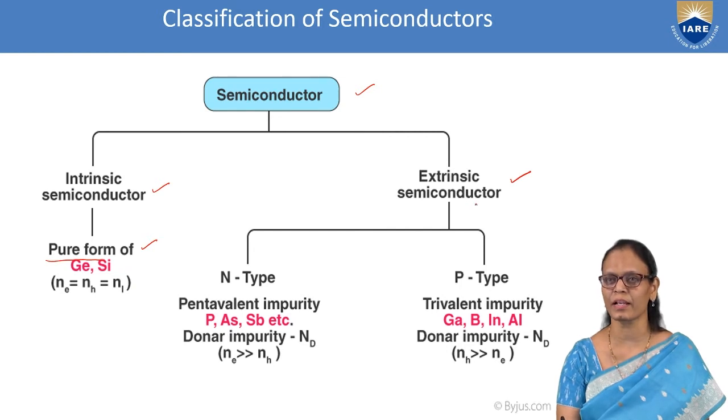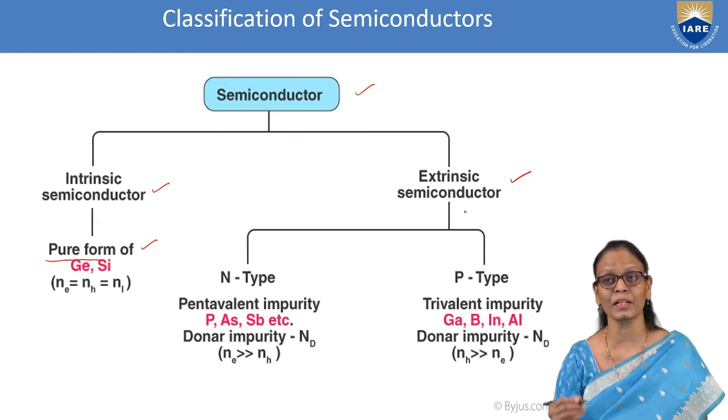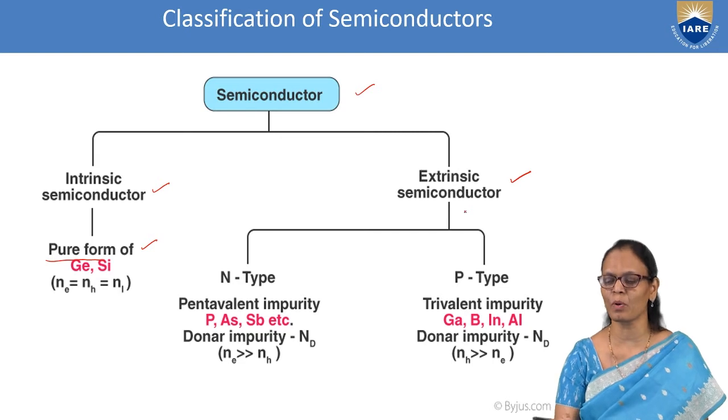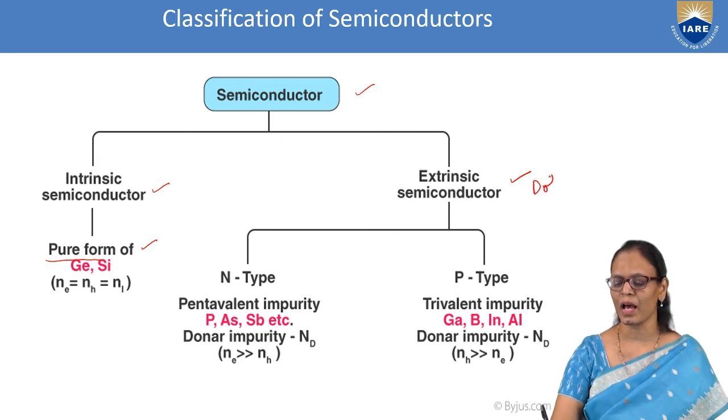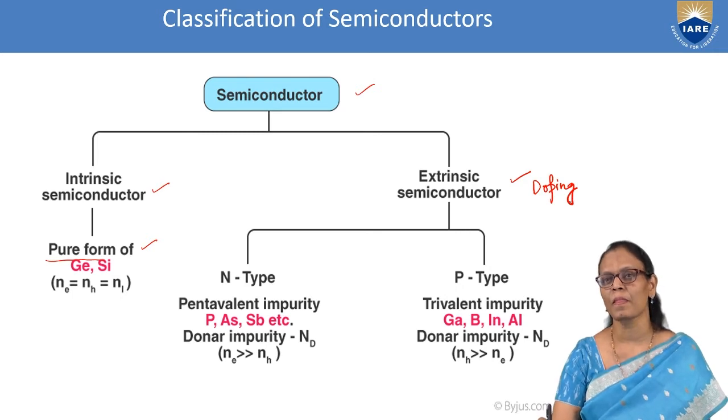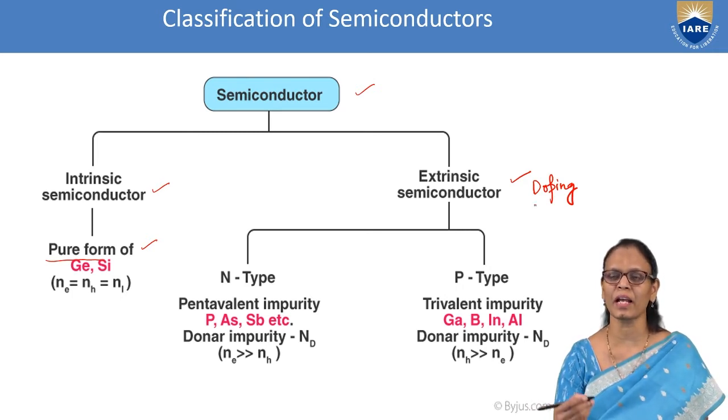Coming to extrinsic, whenever you add any other element to a pure semiconductor, you add something by doping. We call that process doping. Doping means the process of adding an impurity to a semiconductor.